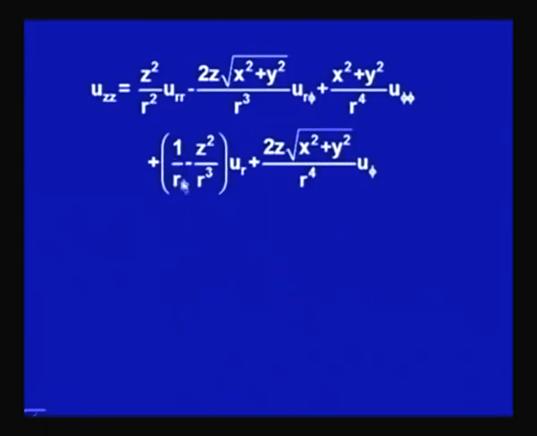So that is (1 upon r minus z squared upon r cubed) u_r plus 2z times the square root of x squared plus y squared upon r to the power 4 times u_phi.